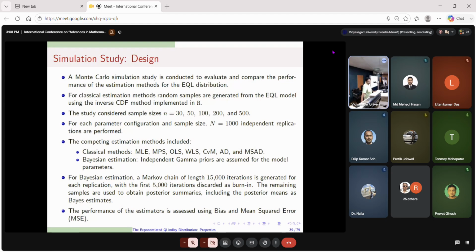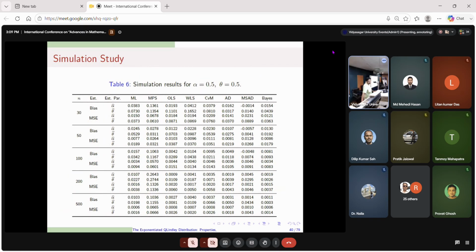Next, simulation study. In that case, all the 7 estimation techniques have been applied to simulate data of different sizes, and the sizes are 30, 50, 100, 200, and 500. And these are our simulation results.